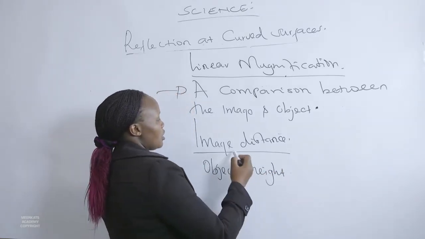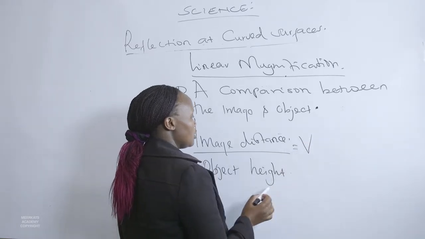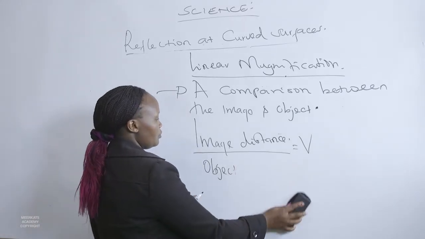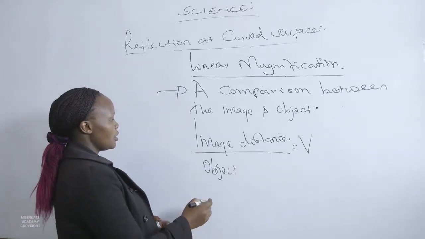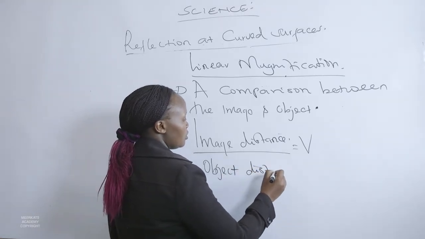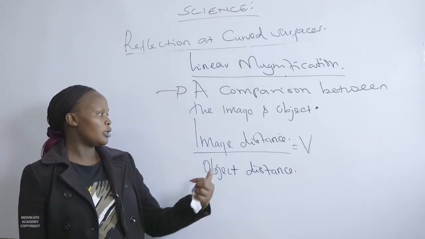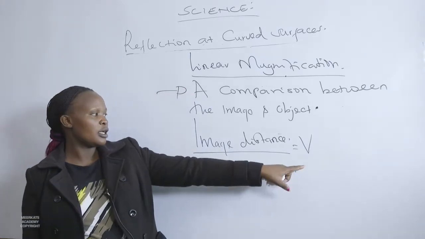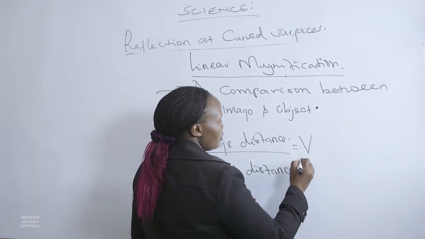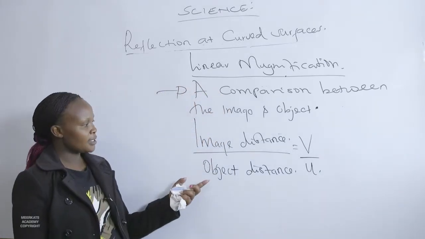And in this case, the image distance, we call it V. That is the image distance over object distance. We represent our image distance using letter V, and we could also use letter U for object distance.